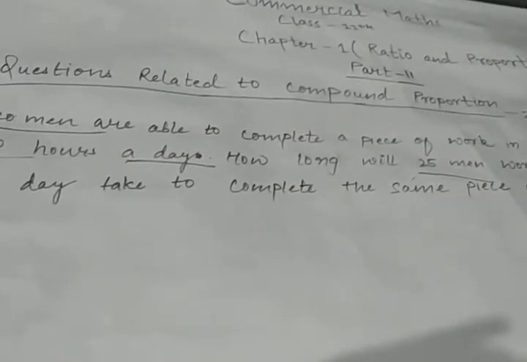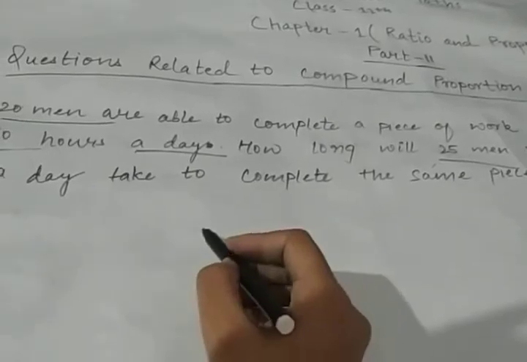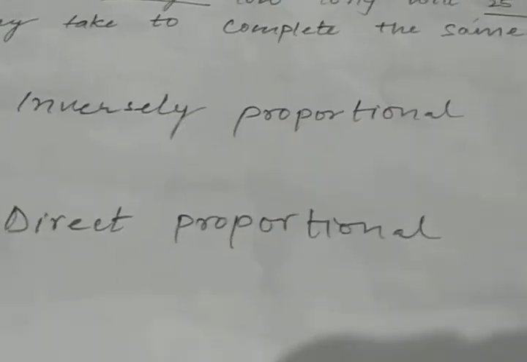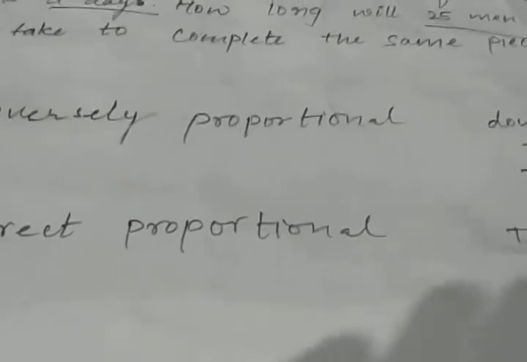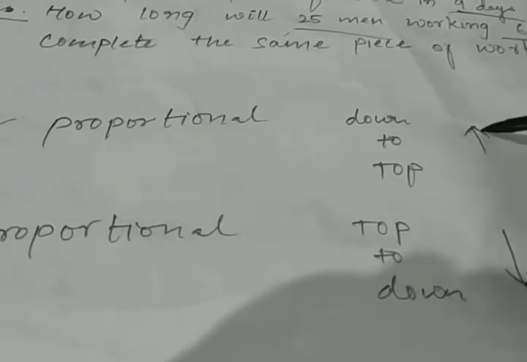We should know about inverse proportion. Inverse proportion is shown with an arrow from down to top. In inverse proportion, when one thing increases, the other thing decreases. If the number of men increases, the number of days will decrease.